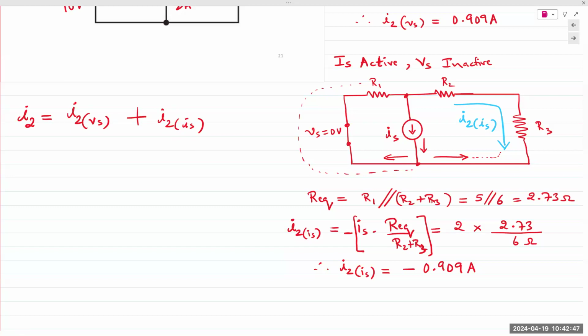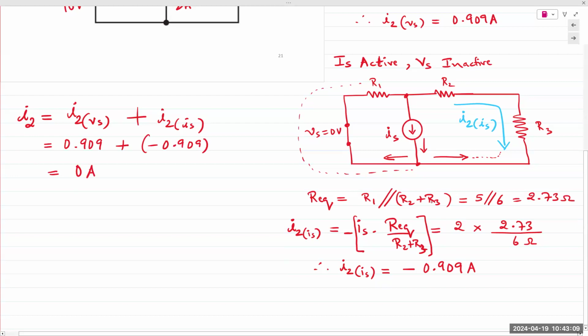That's it, as easy as that. And this would give me 0.909 plus negative 0.909. So my answer is 0. Nope, 0 amps. And in this case, 0 would give you 100% credit.